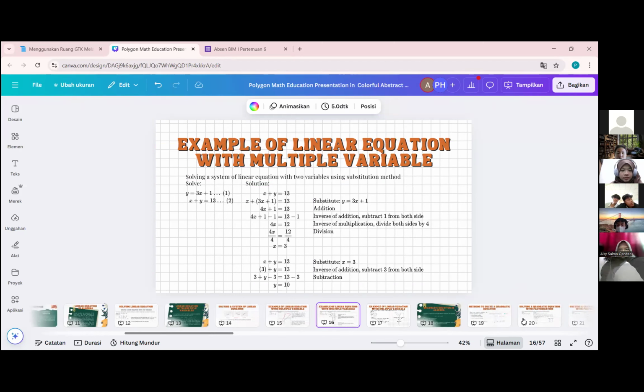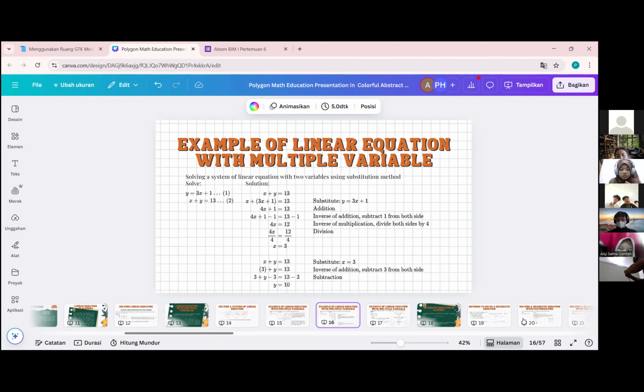Jadi coba saya cek ya, yang sudah mengirimkan revisi siapa saja kelompoknya. Jadi di Google Drive itu nanti ada 2 file yang kalian masukkan. Baru set sama logika matematika ini ya.